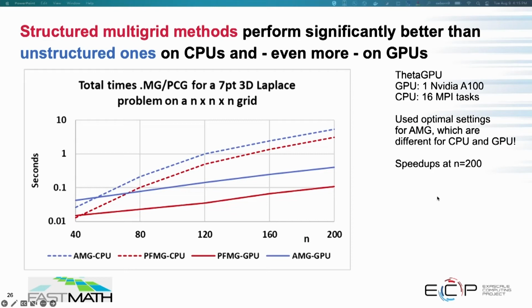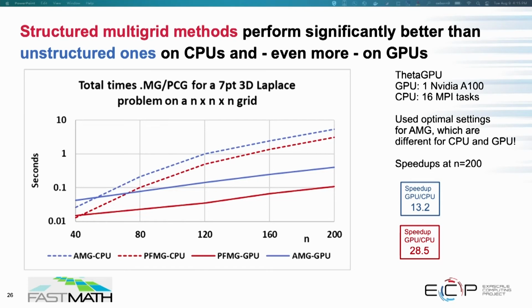So to look at some of these speedups. And again, like I was mentioning before, these were both for the CPU and GPU tuned to use the optimal settings, which are different on the CPU versus the GPU. So that's just something to keep in mind when you're considering the comparisons.